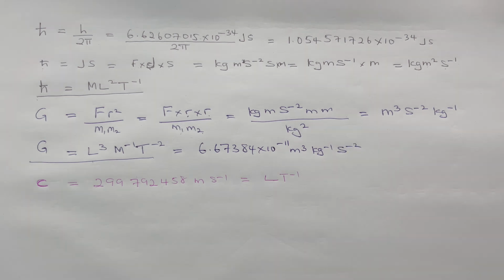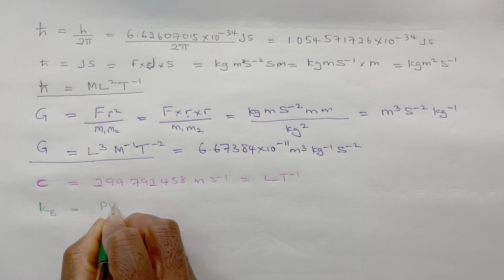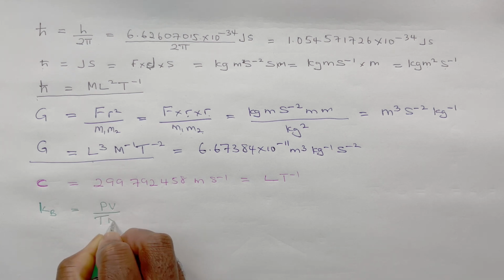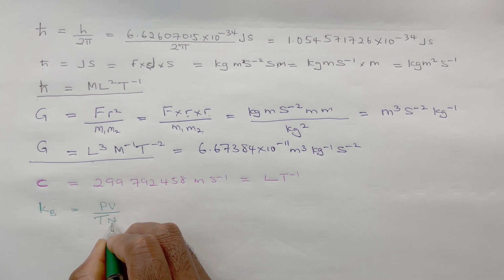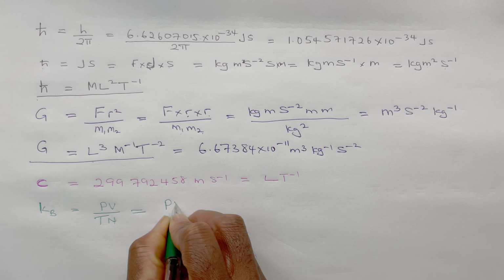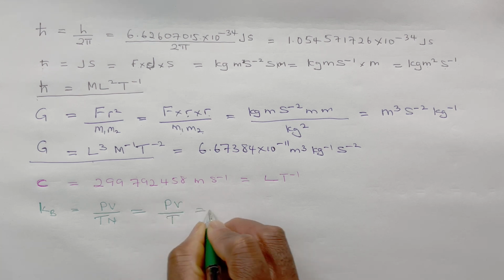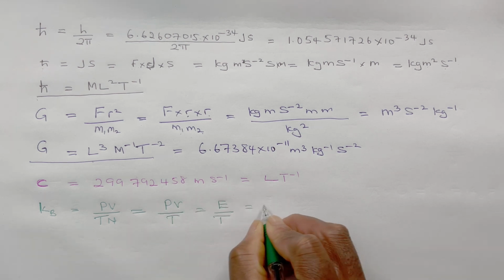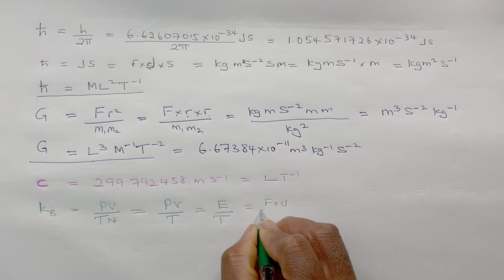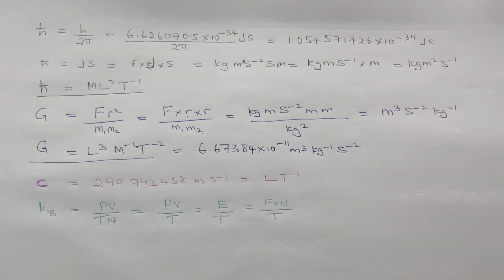Finally, we need the kb unit, which we get from PV over Tn, but I don't need N because it's just the number of particles, so we're just using PV over T. But PV is energy, and energy is force times distance, over T, T being temperature in Kelvin.